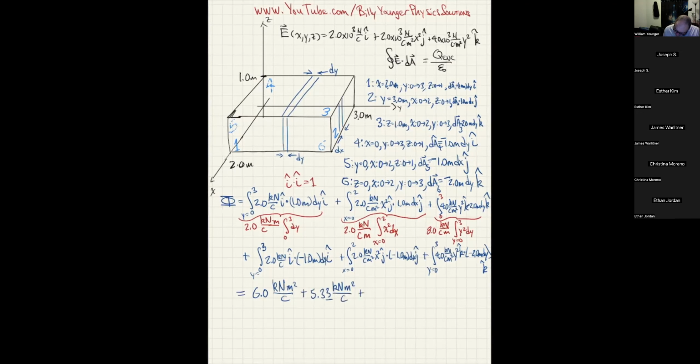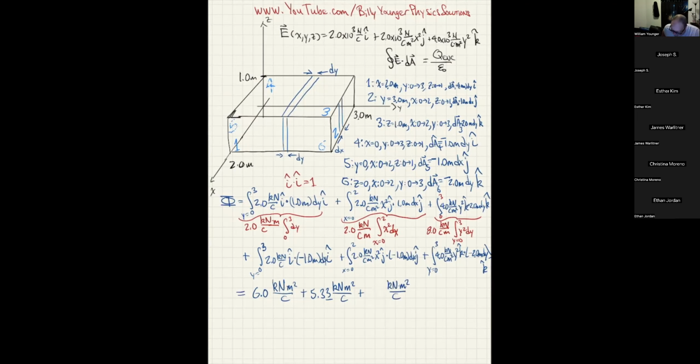And then the third one becomes 4 times 2. That actually gets me coulombs per meter, and then when I integrate that, that becomes meters cubed on top. So I'm going to get kilonewton meters squared over coulombs again. Oh, and I forgot to integrate y squared. So let me not jump into writing that as 8 yet.